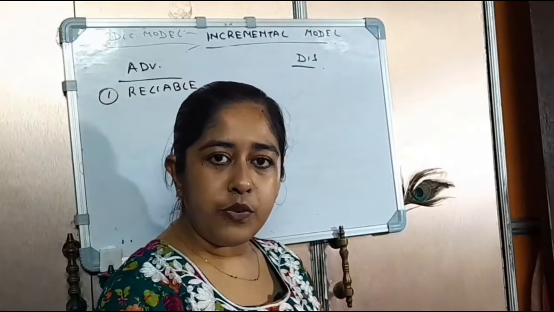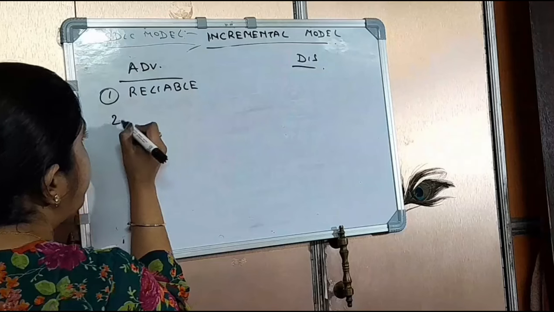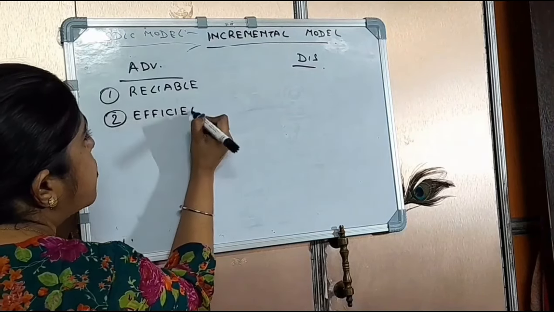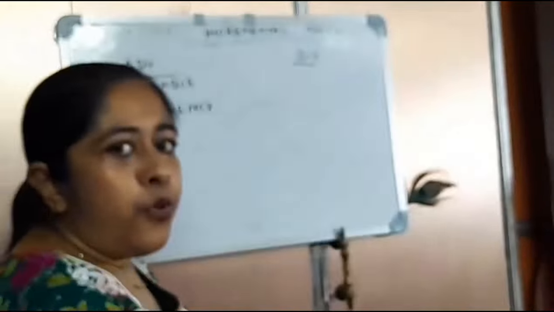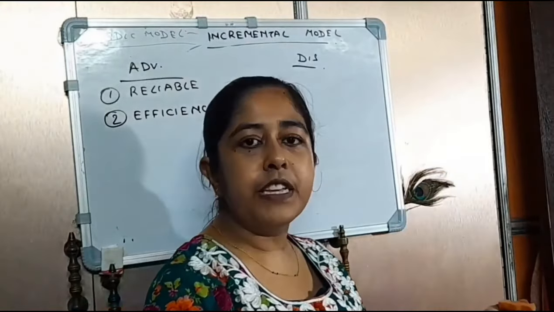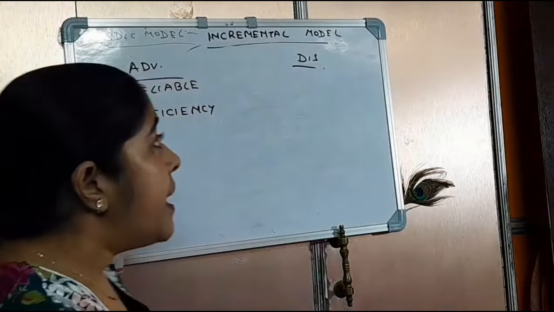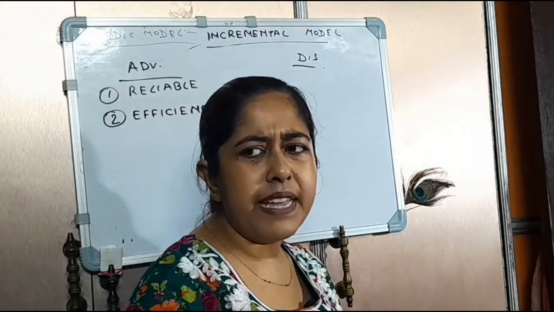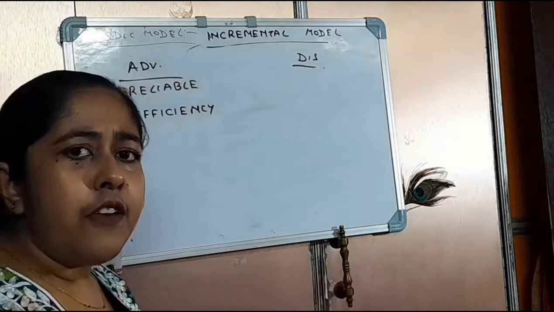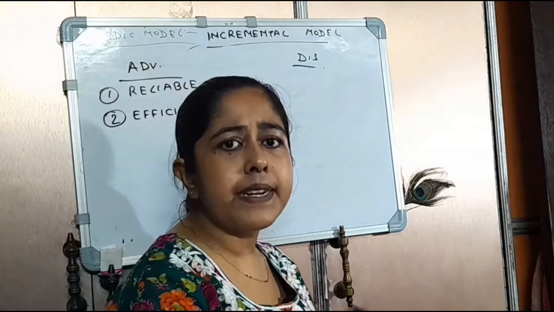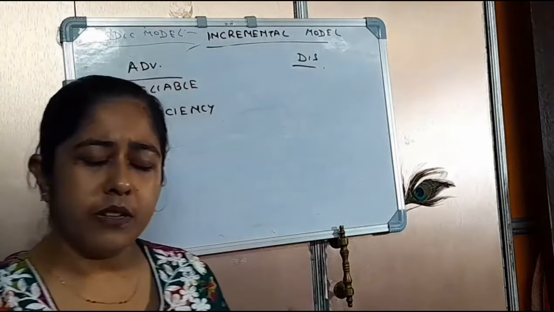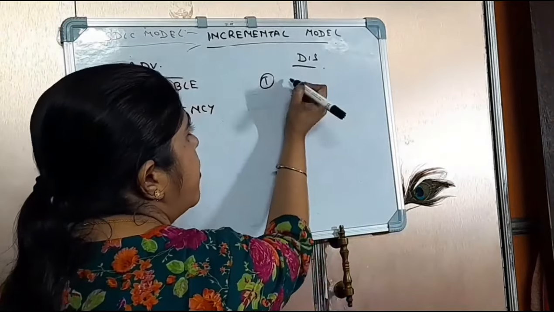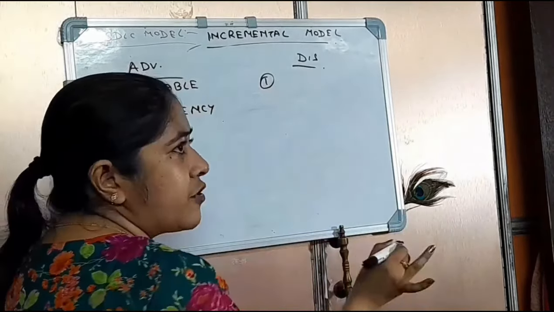Second, the efficiency of your software will be more than your previous module softwares. But the main loophole is that here also we have to interact continuously with the customer. Going on interaction has to be done here also, but risk handling is not there.